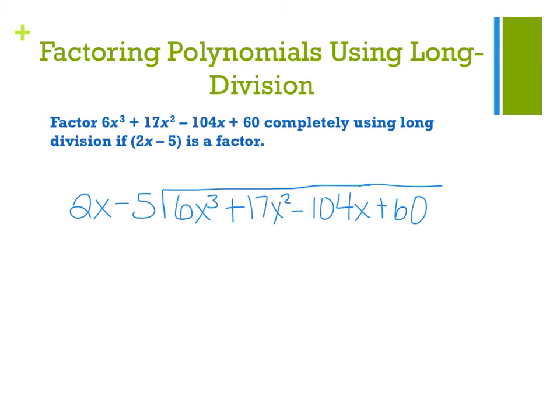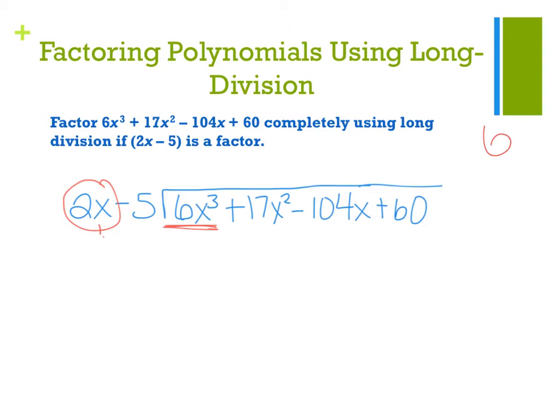And in order to do polynomial long division, we start with the 2x and we see how many times 2x can go into 6x cubed. Now, if you think about it this way, 2x can go into 6x cubed.